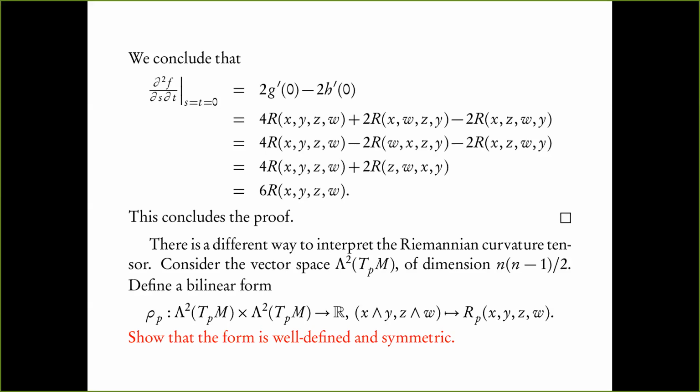It's similar to the earlier thing that the sectional curvature is well-defined: if I replace X wedge Y with X plus lambda Y wedge Y, the Riemann curvature doesn't change. These are very similar exercises. But check this, show that this is a well-defined bilinear form which is symmetric. Okay. Good. Any questions so far?